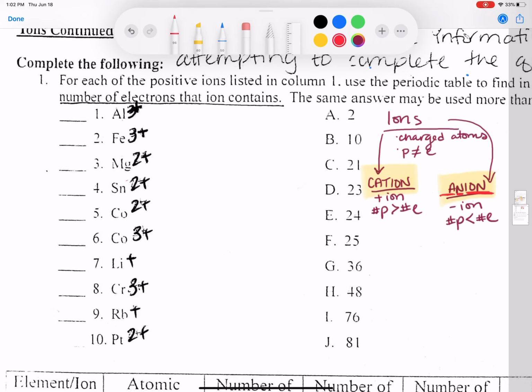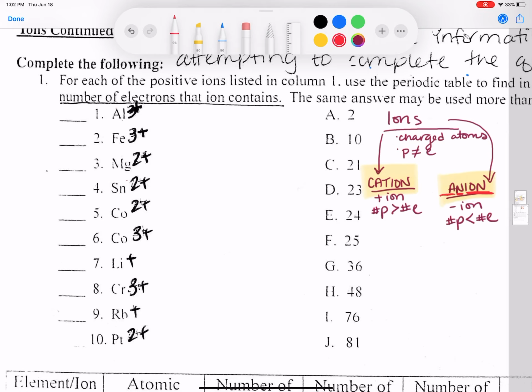What we're going to do for this is look at simple ions. You don't have any isotope notation, no mass number written out, and no Z number. You just have the element and the charge.